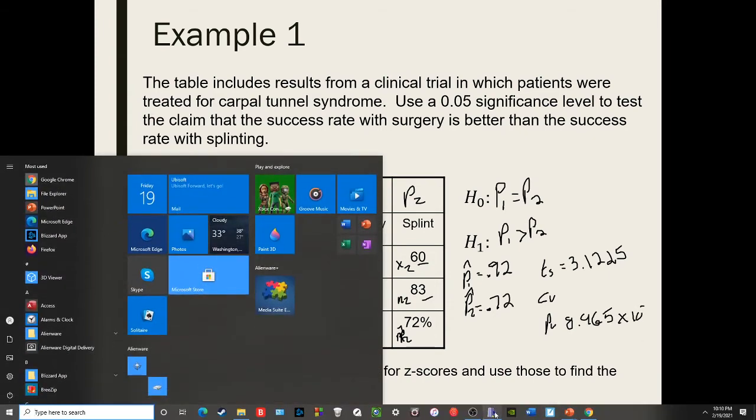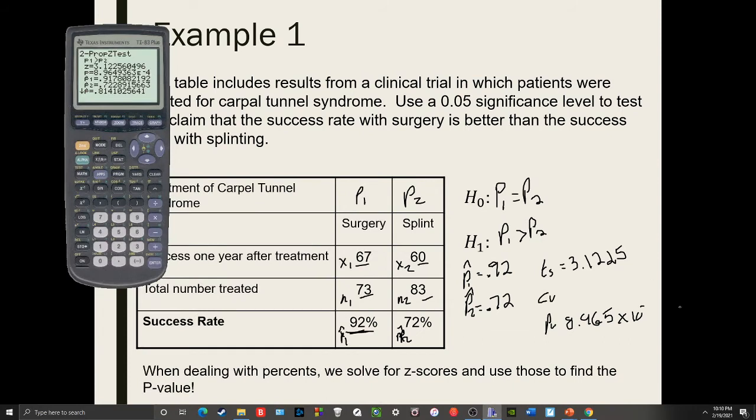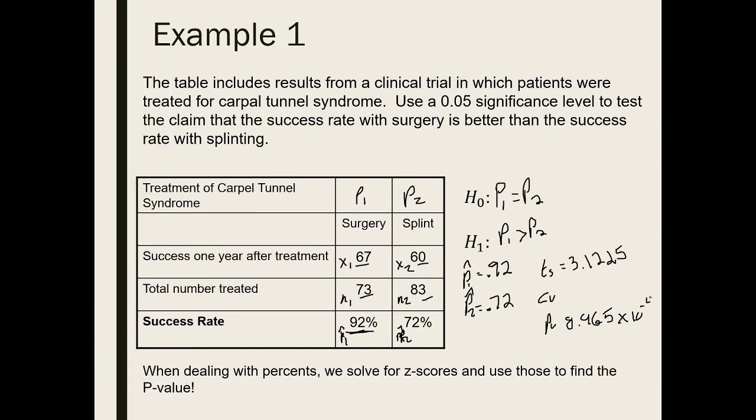That e negative 4 means times 10 to the negative 4, so if we multiply this out, move the decimal 4 times. So 1, 2, 3, 4. You get 0.0008965. So that is your p-value.